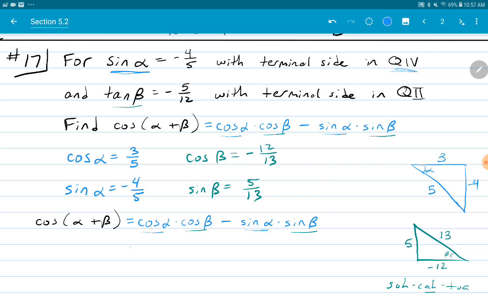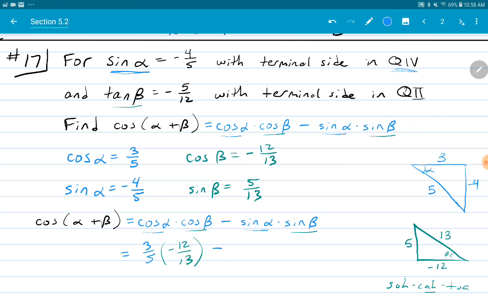So here we go. So I've been given cosine of alpha is 3/5. Cosine of beta is -12/13. I need a minus sign.